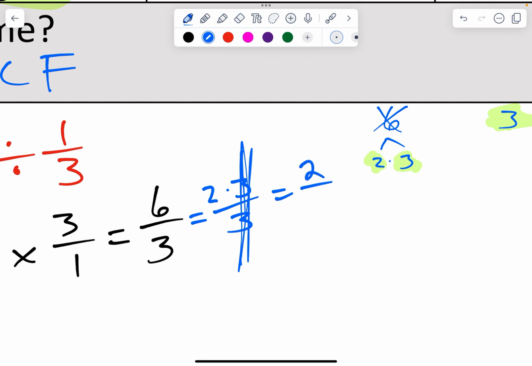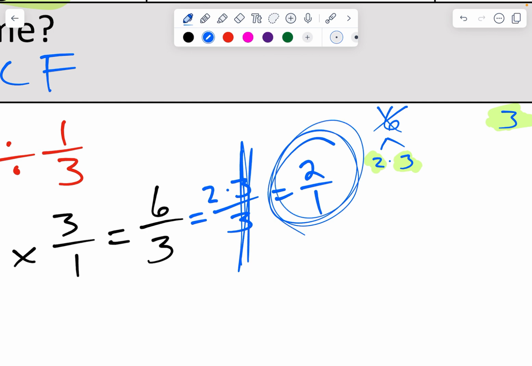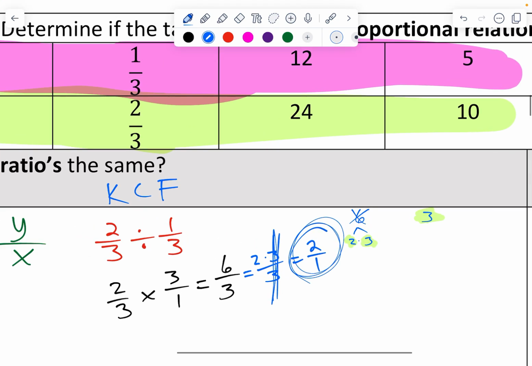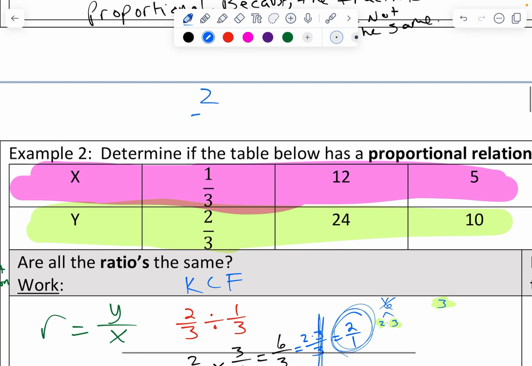So I'm left with a 2, but remember, it makes a 1 underneath if there's nothing there, so 2 over 1. So we have 0 paired with 0, and now my fraction is 2 over 1. So that means every other fraction better be 2 over 1, okay? All right, cool.